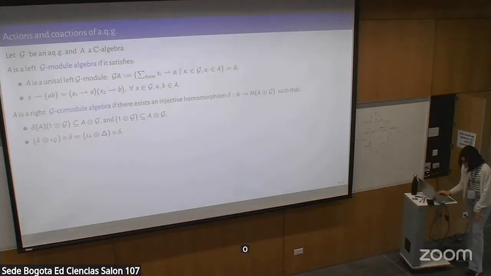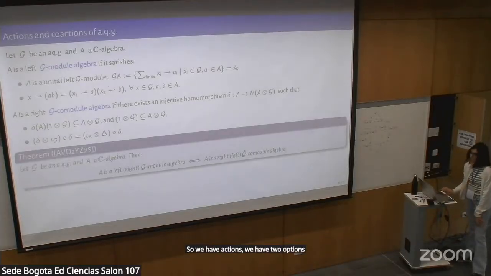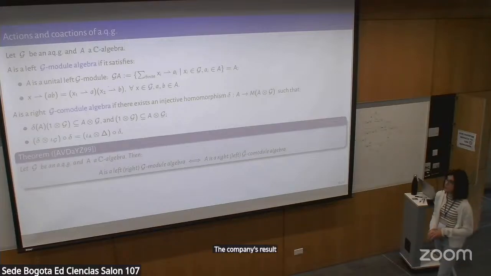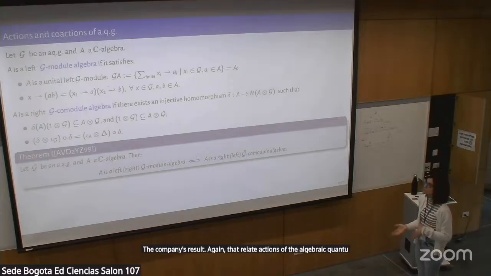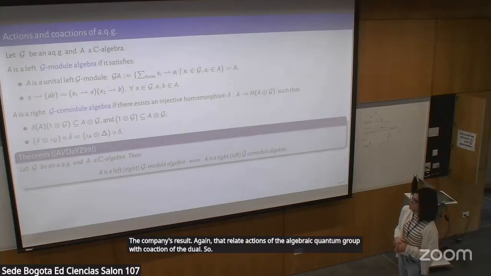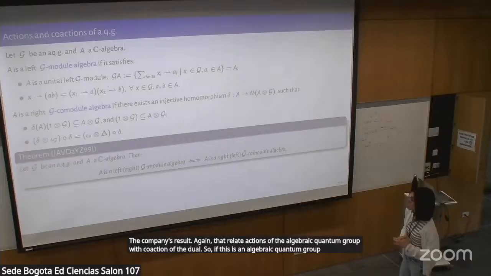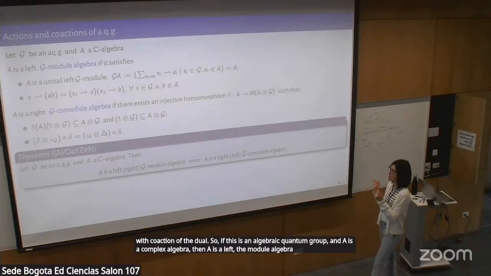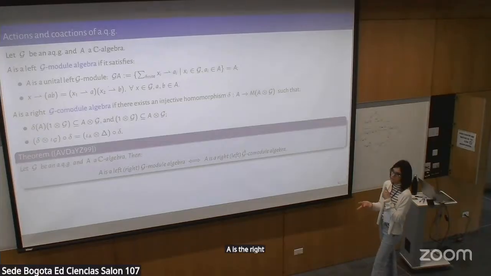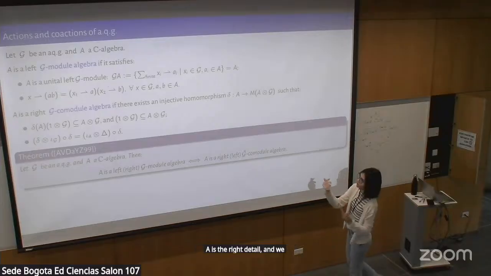So we have actions, we have coactions, and we have this result, again, that relates actions of the algebraic quantum group with coactions of the dual. So if D is an algebraic quantum group and A is a complex algebra, then A is a left D module algebra if and only if A is a right D dual comodule algebra, and we can interchange left, right, both sides.